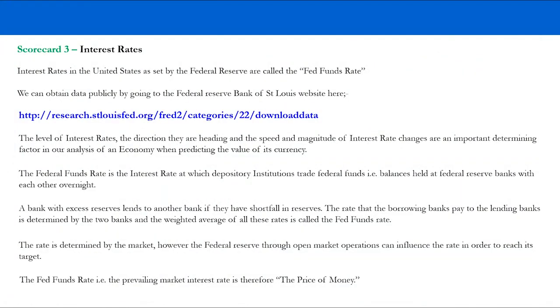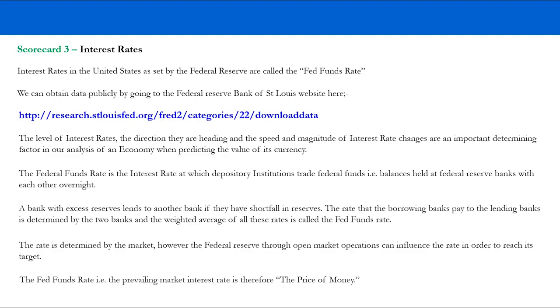Okay, so welcome back to the computer screen. What we're going to look at now is the next driver on our scorecard in the endogenous analysis, which is interest rates. Now, interest rates we looked at earlier in our foundation area of the video series, and we discovered that interest rates aren't really classically set by the perception in the way they are set.